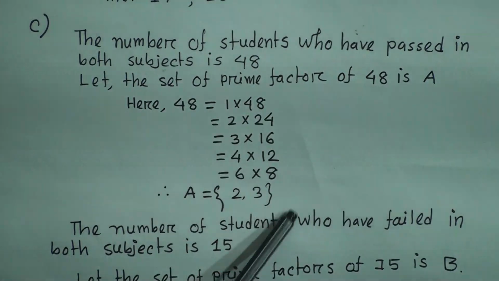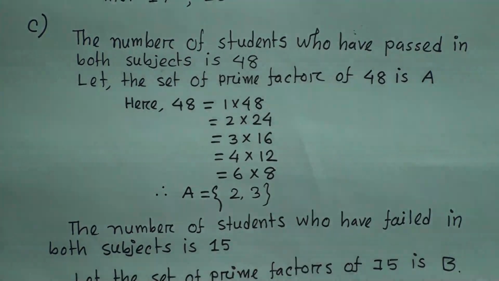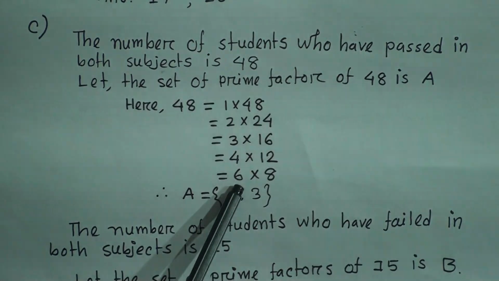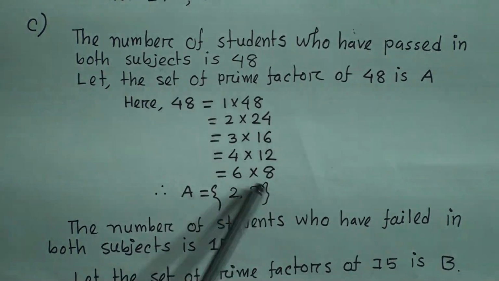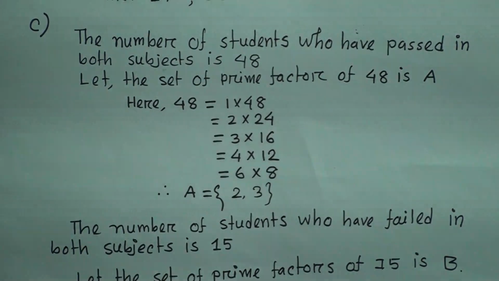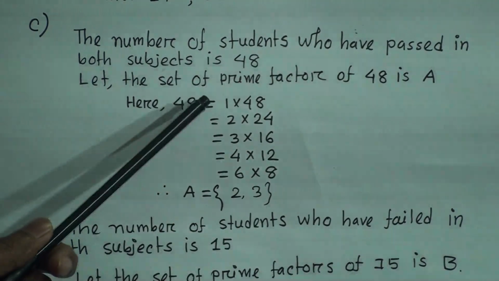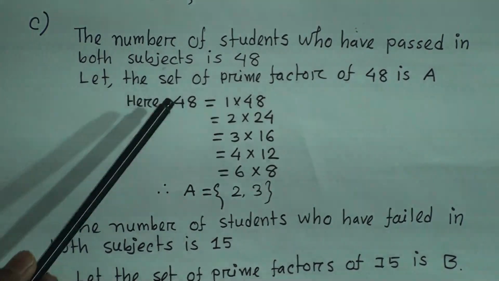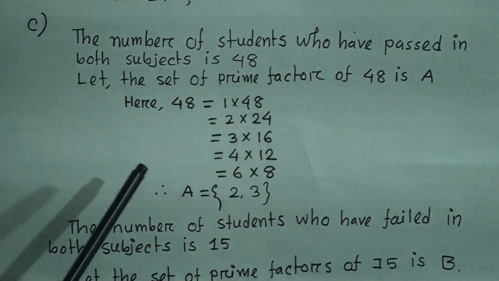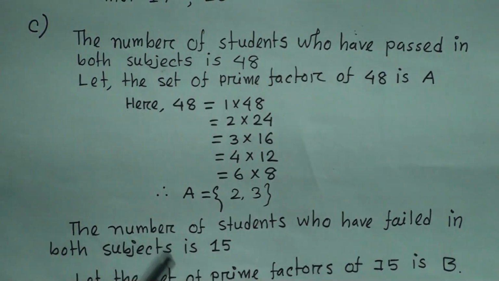We have to take only the prime factors here. Look, 6 is a factor of 48, as are 8, 4, 12, but these are not prime factors. You see, the only prime factors are 2 and 3. 1 is also not a prime number or prime factor.